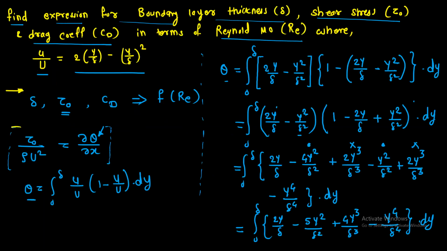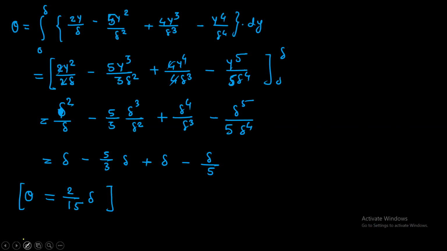So we have the original formula for shear stress. Tau 0 upon rho U square is equal to del theta upon del x. So put the value of theta here. So theta we got as 2 by 15 delta. So tau 0 upon rho U square is equal to del theta upon del x.